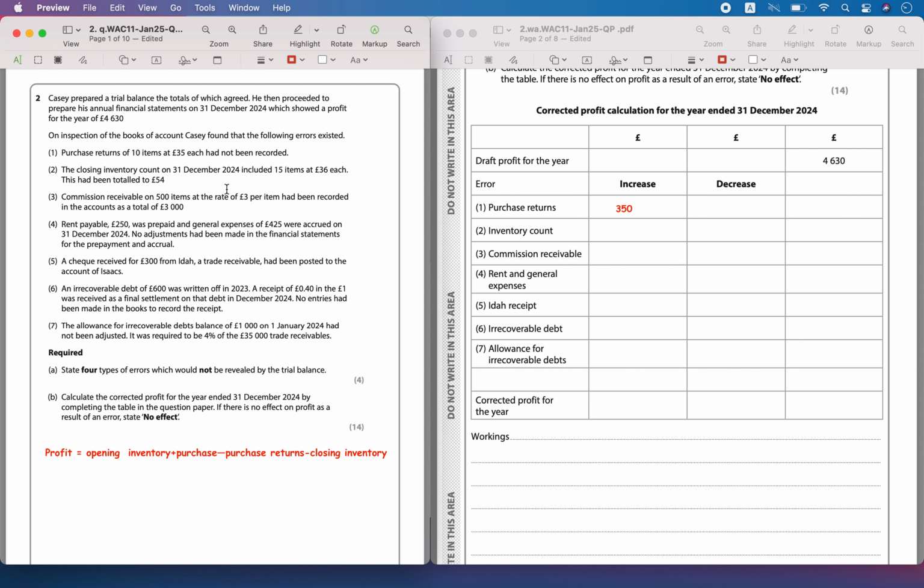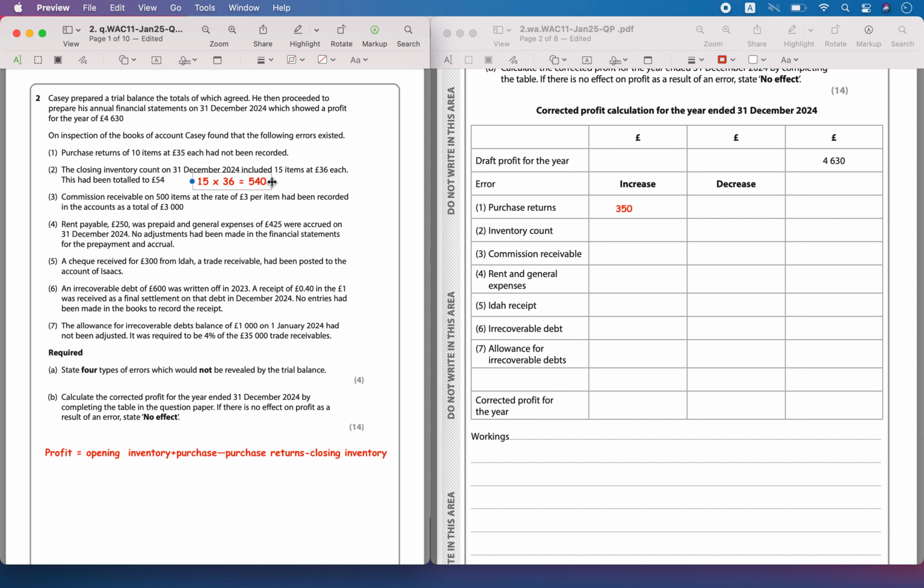So we will calculate the value of this. 15 times 36 is equal to 540 pounds. So this value had been totaled to 54.